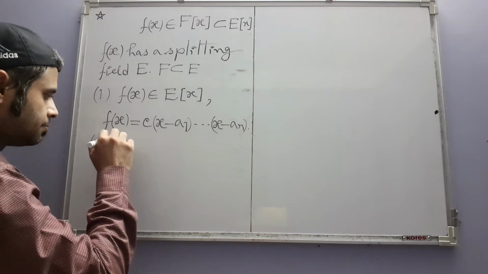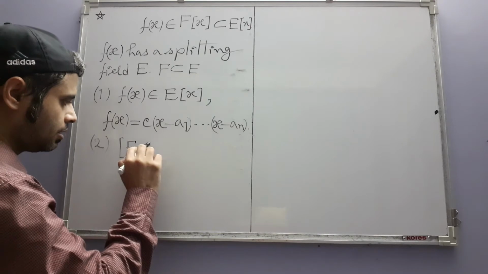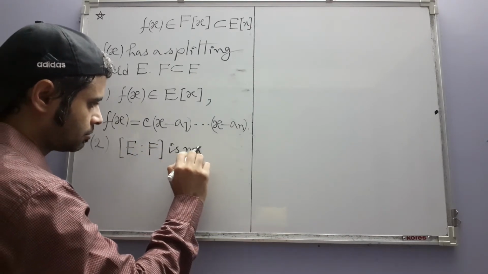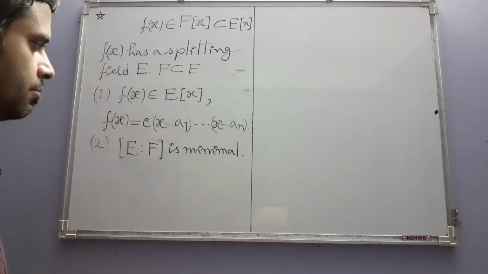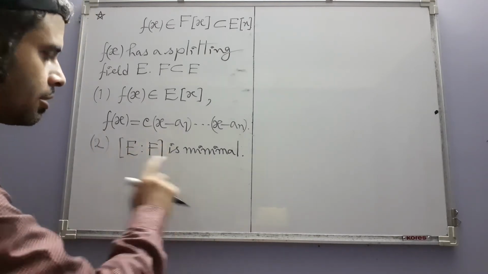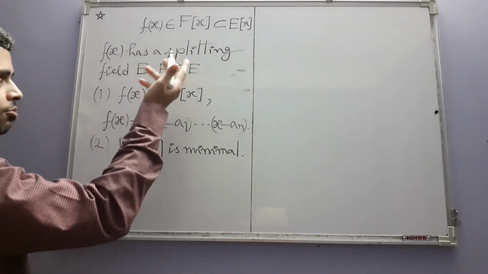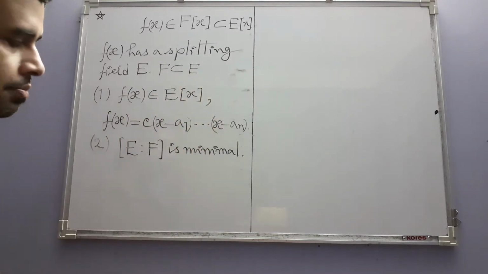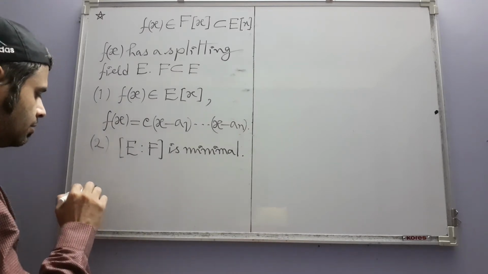More precisely, what that means is that the degree of E over F is minimal. That is, when you consider E as a vector space over F, this dimension is minimal. Okay, so that means every polynomial over any field has a corresponding splitting field E. Fine, so existence of splitting fields has already been proved.